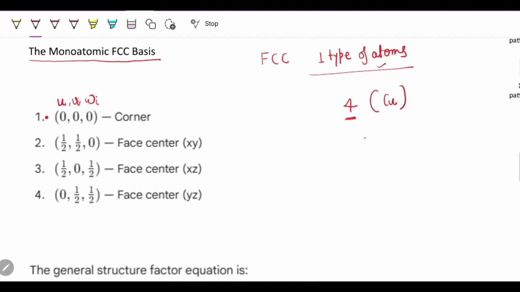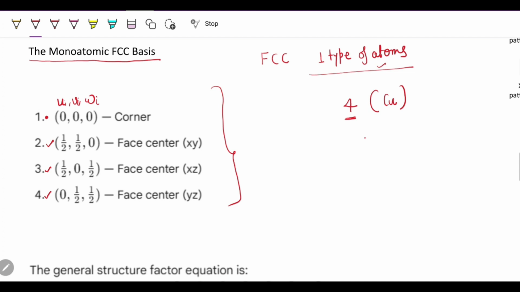One we fix at one of the corners, considered as the origin. Second is at the center of the face, which is half, half, 0. Third will go at half, 0, half. And fourth will go at 0, half, half. So these are the coordinates of the 4 atoms.